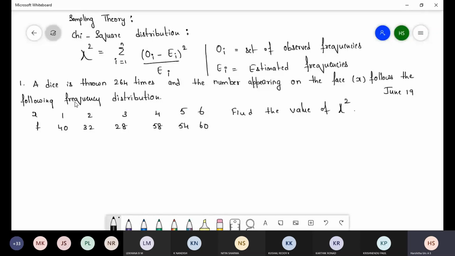Also, when we add the frequencies, the total should match the number of times they have stated. But in this problem, I will start with the problem only.